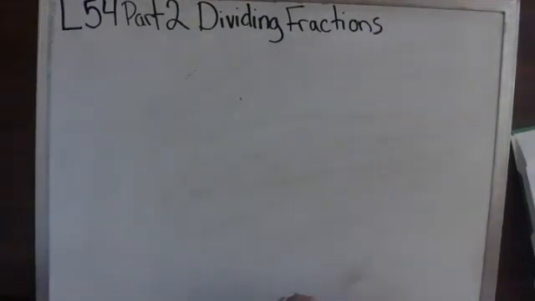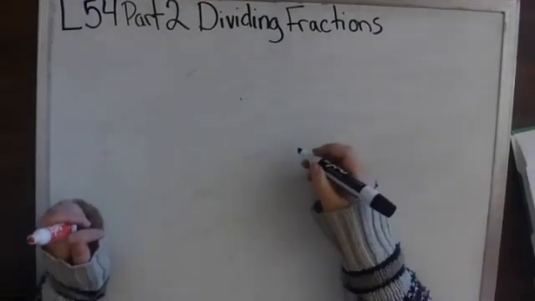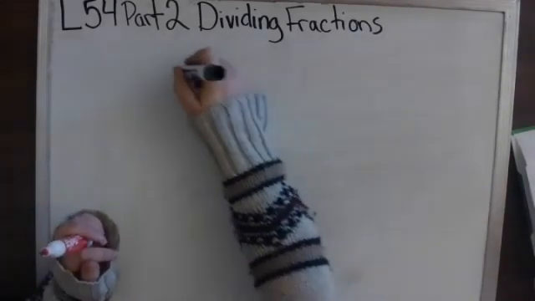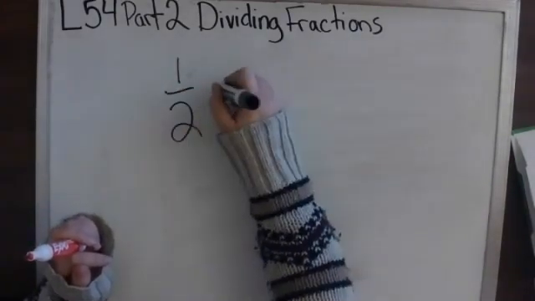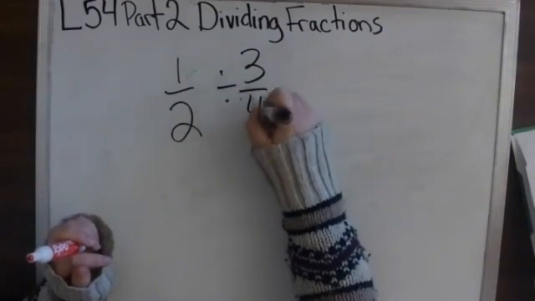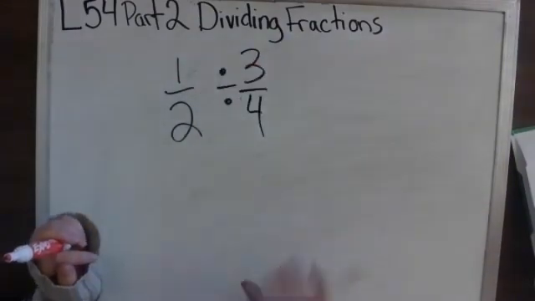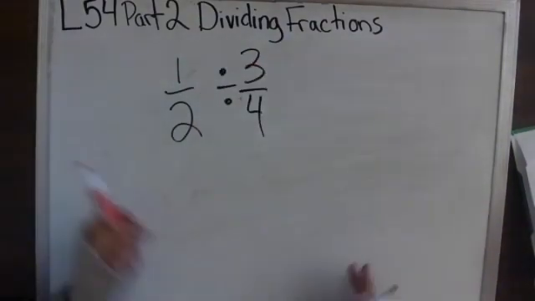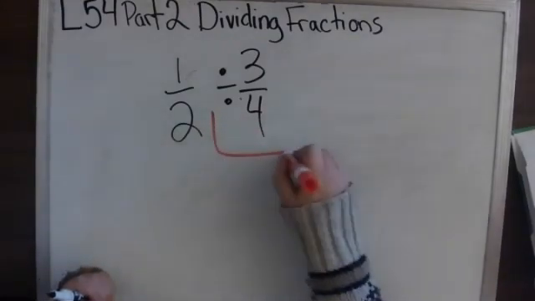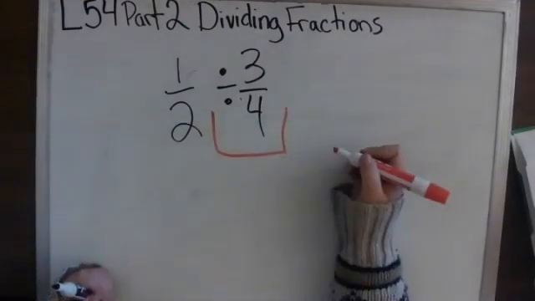So this one is 1/2 divided by 3/4. Okay, so this is the same fractions, we've just flipped them. Again, because you're dividing, we need to take these two and we are going to change them into the reciprocal.